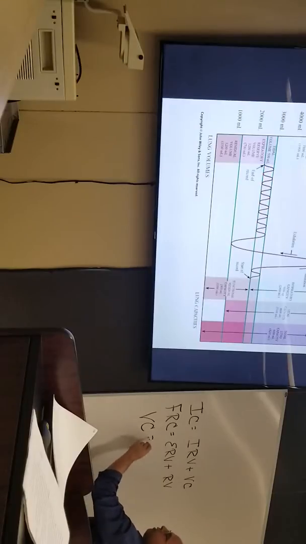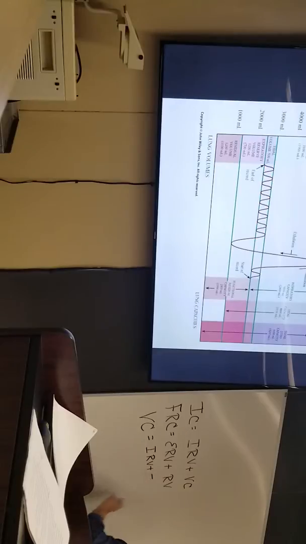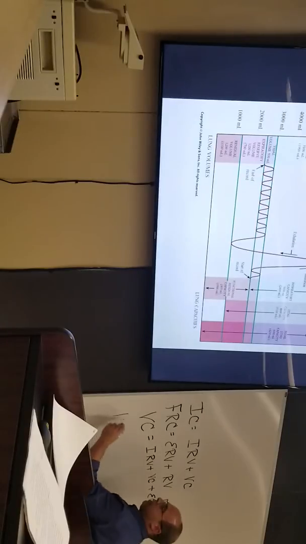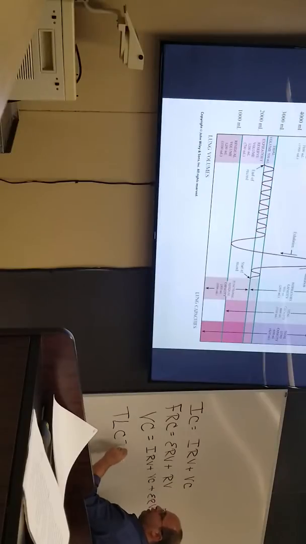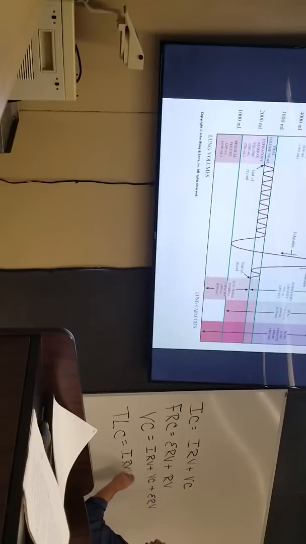Vital capacity equals inspiratory reserve volume plus tidal volume plus expiratory reserve volume. And then your total lung capacity equals inspiratory reserve volume plus vital capacity plus ERV plus RV.